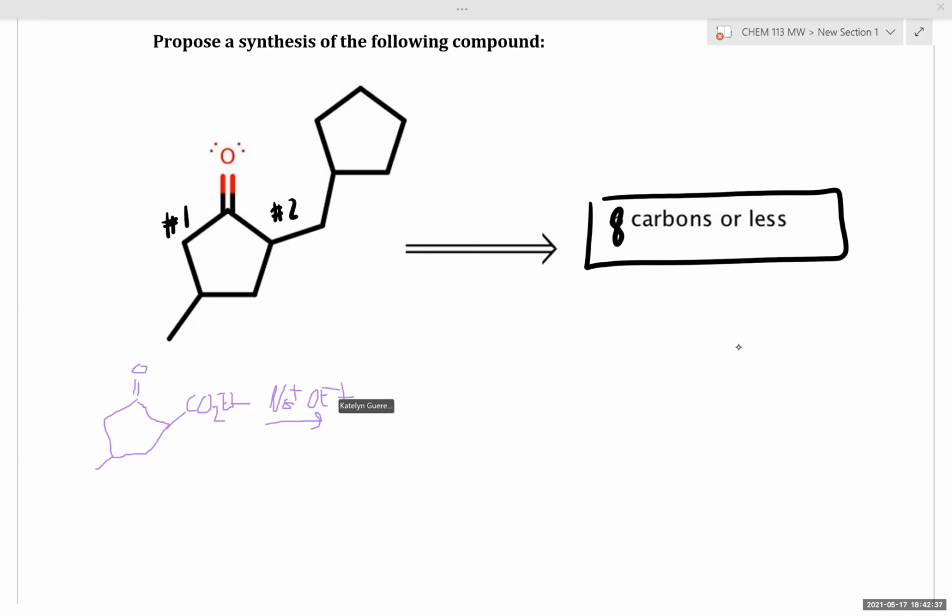Yep. So we can generate the enolate from our beta ketoester. We can alkylate with a primary alkyl halide. And then once we're done, we can just clean up and lose our beta ketoester via decarboxylation.